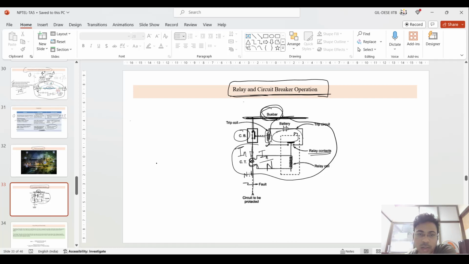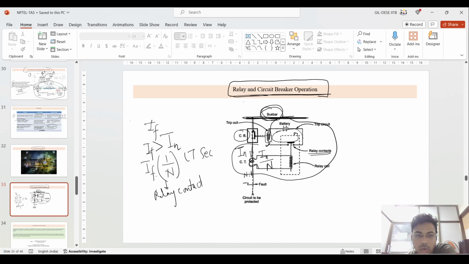The relay, as a whole system, makes the circuit breaker open. This is one situation: when you have a fault, the current will increase. The fault current will be greater than I nominal. This fault current will be transferred to the CT secondary.